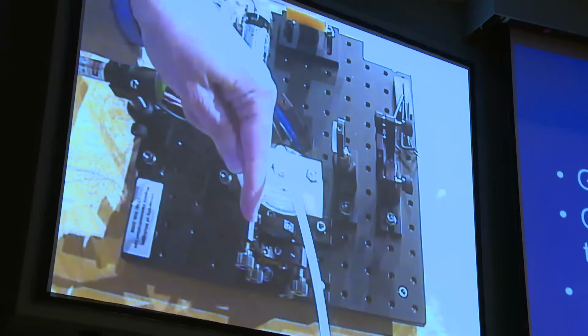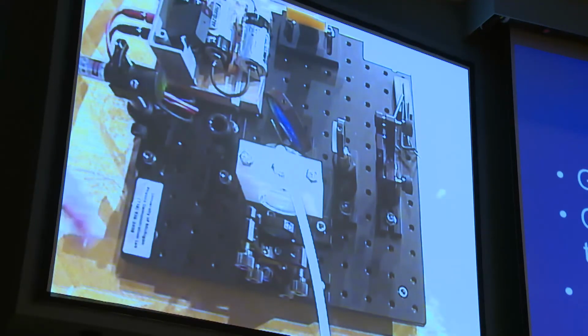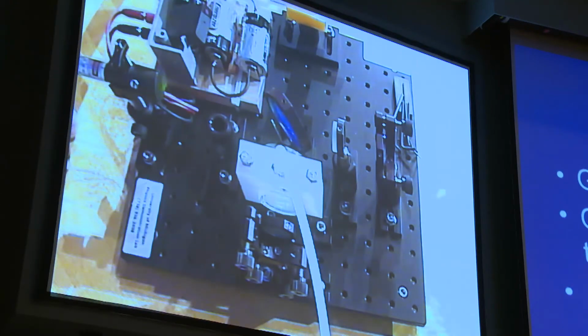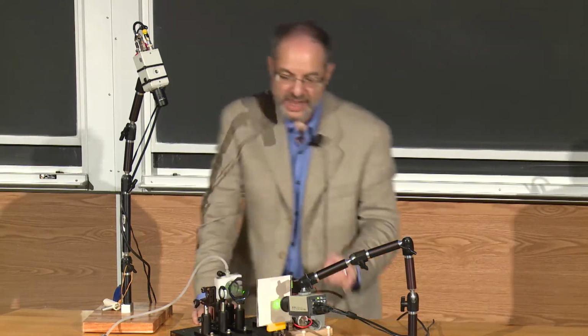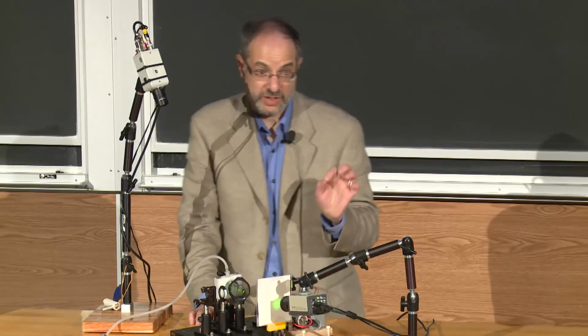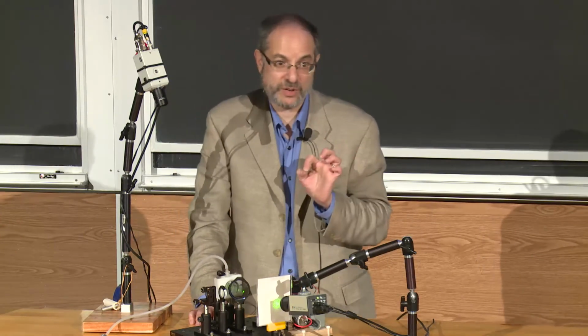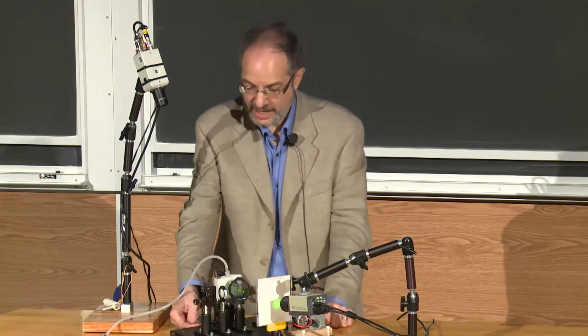The other half of the beam goes to this mirror and bounces back. And then those two beams interfere in this screen over here. Now, the wavelength of light is very small. And if you change the length by just a wavelength of light, that will change the interference pattern from dark to light.